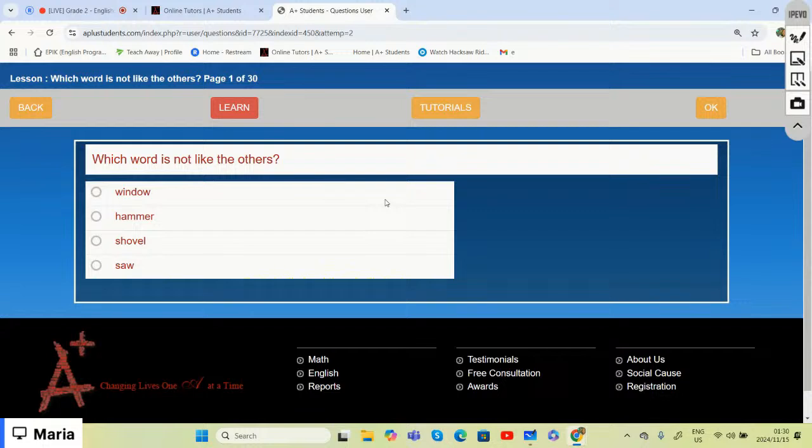Here we have window, hammer, shovel, and saw. Which word is not like the others?